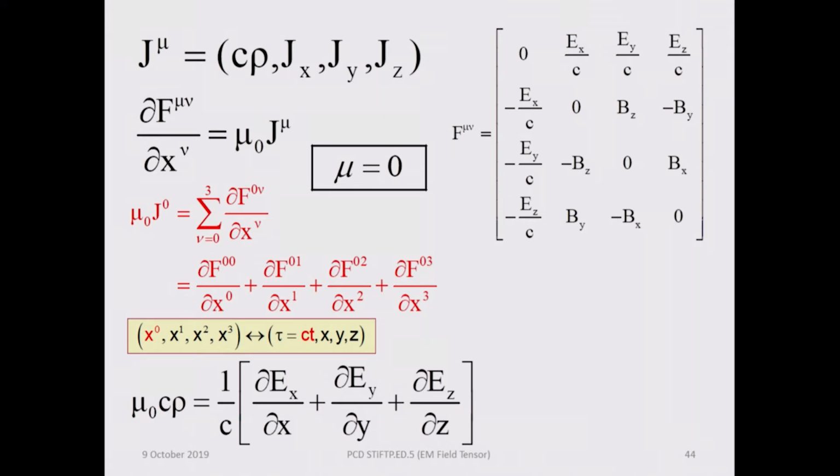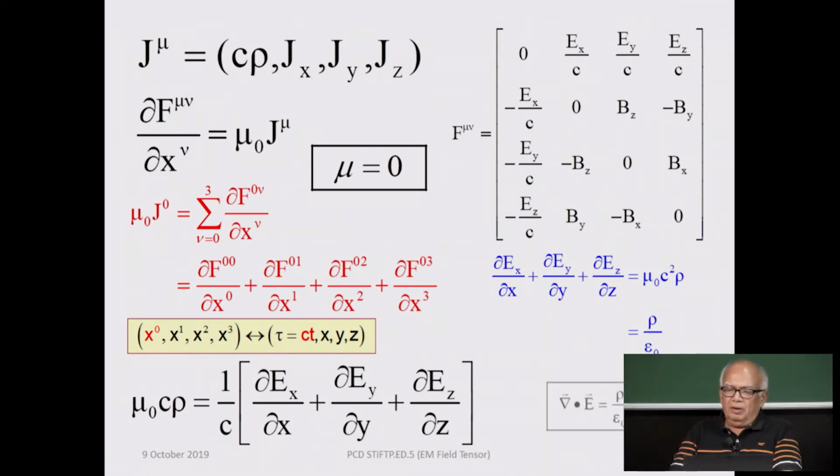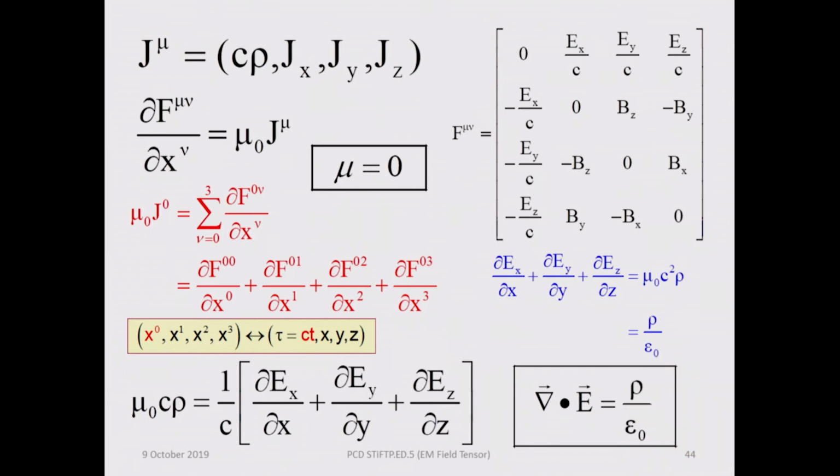So, that is the equation that you get, and if you just rearrange this equation now, you have del E x by del x plus del E y by del y plus del E z by del z equal to mu 0 c square rho. But what is mu 0 c square? It is nothing but 1 over epsilon 0, right. So, that is what gives you the first equation.